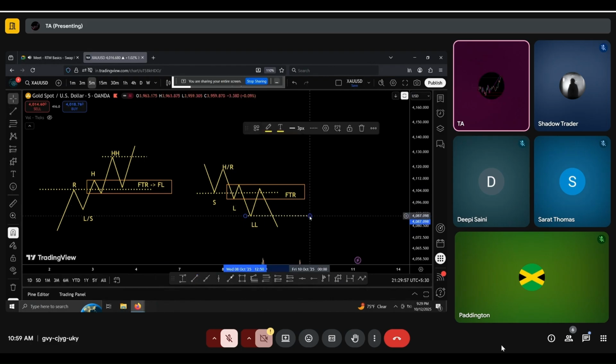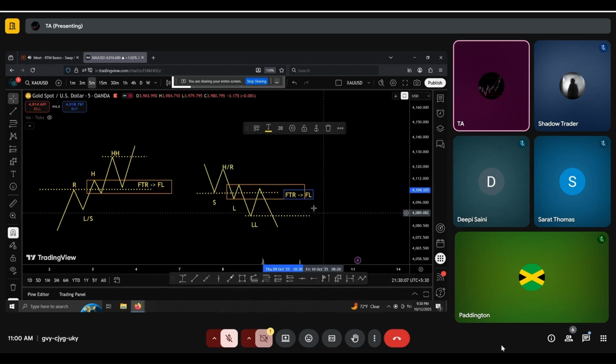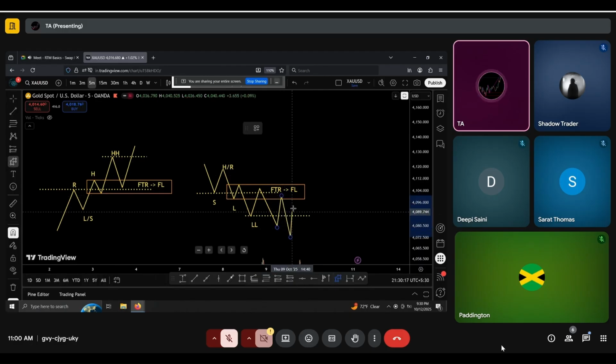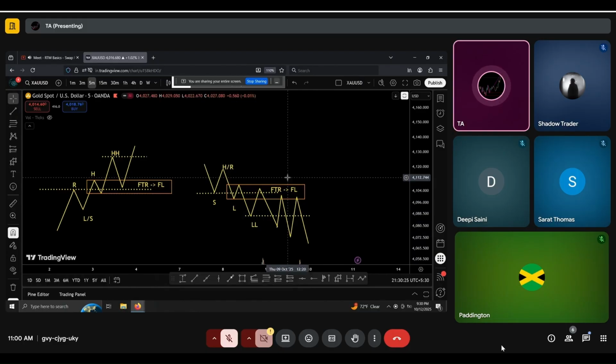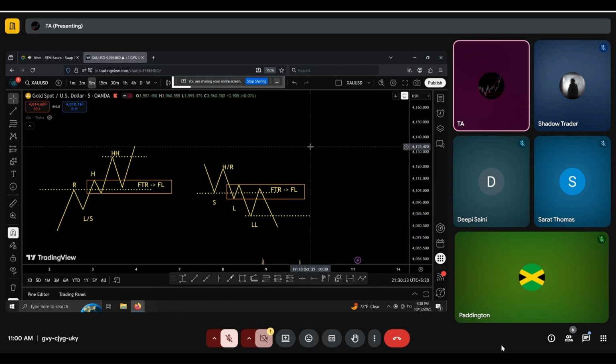If this is crossed, now this FTR will convert to FL. Until then, FTR is not converted to FL. It doesn't matter how many times price goes here, comes back, but this box should not be broken to the upside. Until then, this will be FL. Once this is broken, this is no longer a valid FL. Fine.